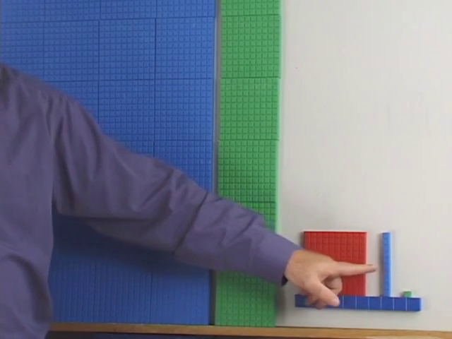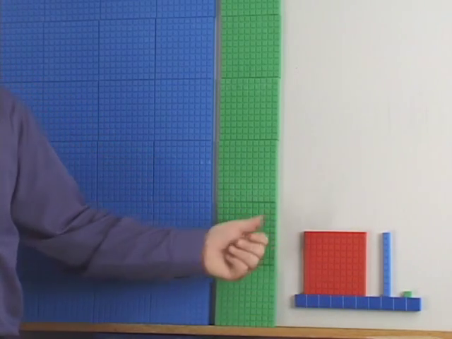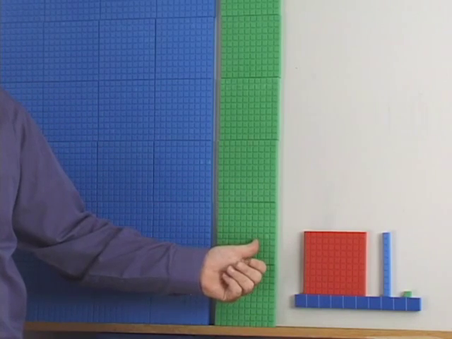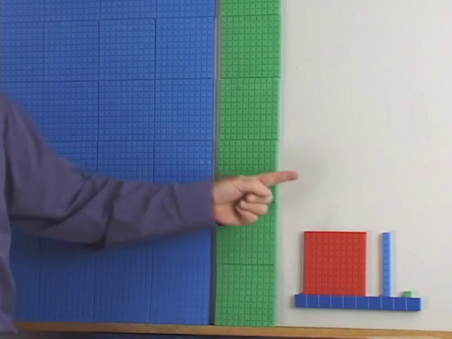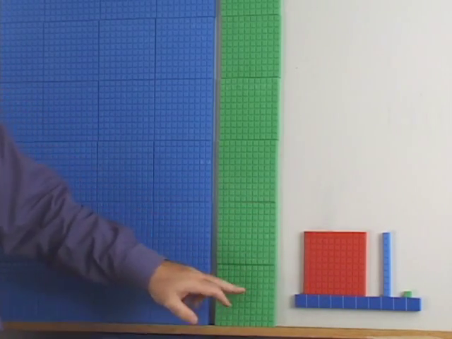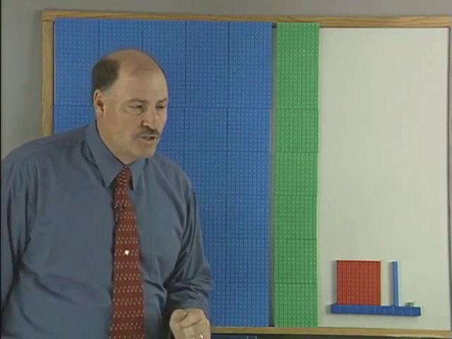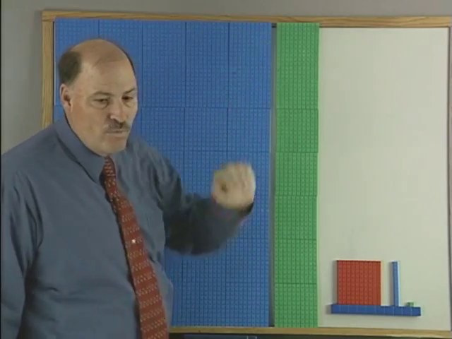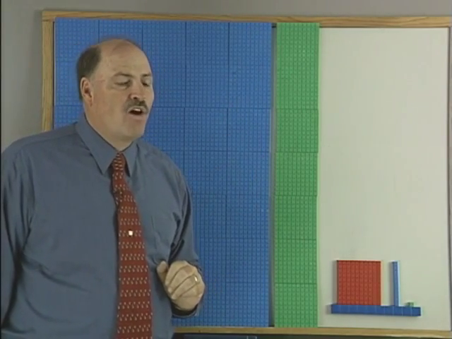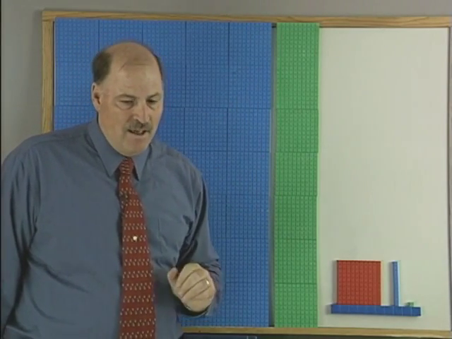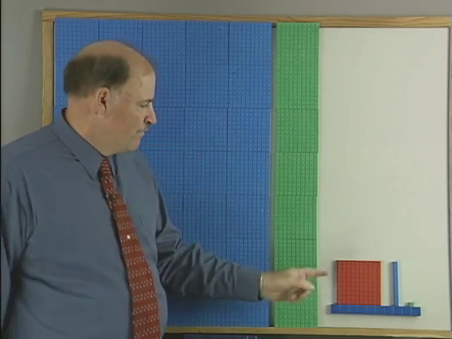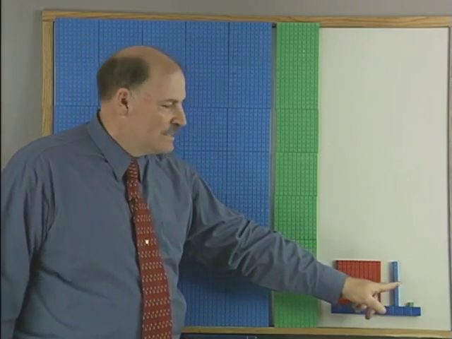And there's 10 of these in this, so the next place value should have what? 10 of these in this. And so let's count them. 1, 2, 3, 4, 5, 6, 7. We ran out of space because there should be 8, 9, 10 all the way to the ceiling. And that's called the thousands place. That's 1,000. So 10 units makes a 10.